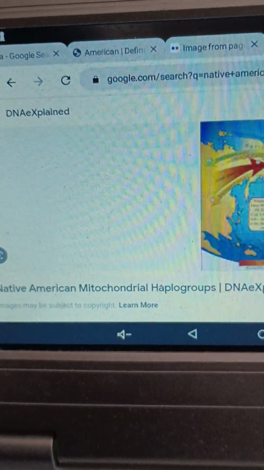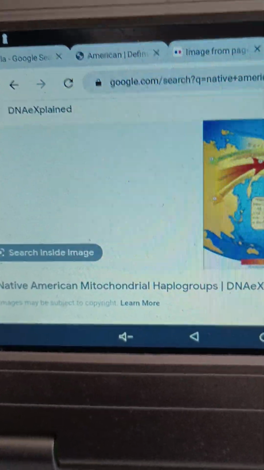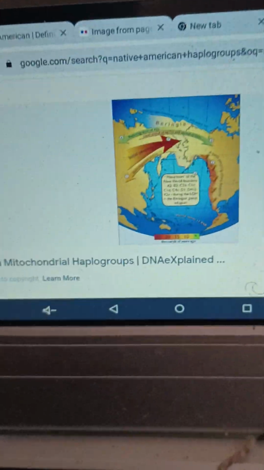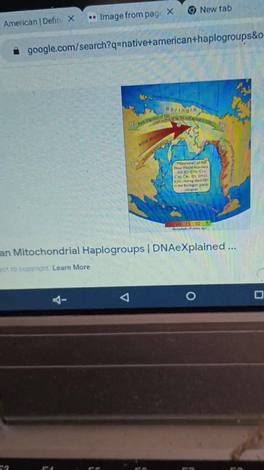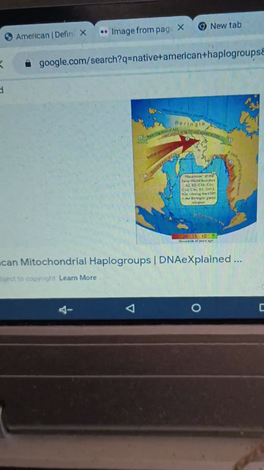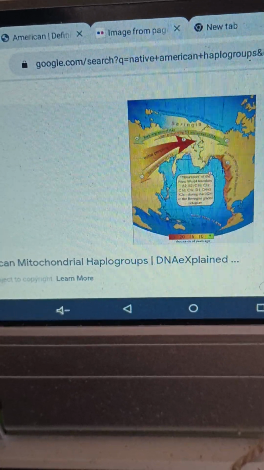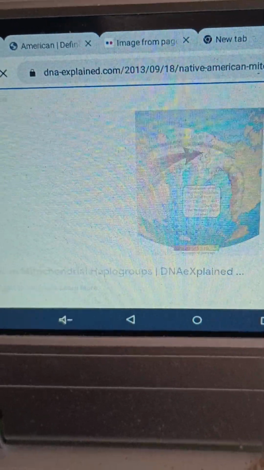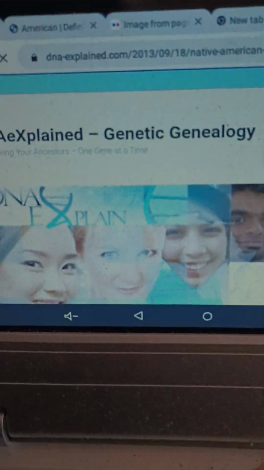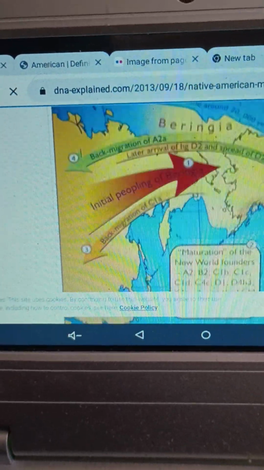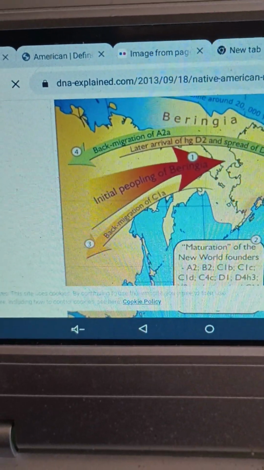Okay, so these are maternal haplogroups. Native Americans and many Latinos or Hispanic people maternally trace back to these particular haplogroups.